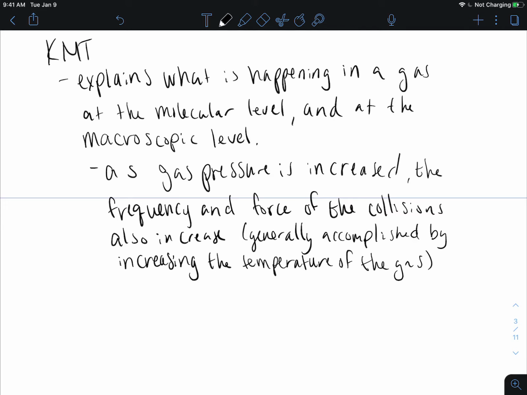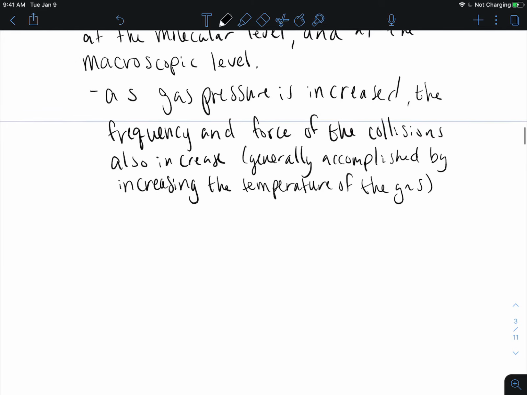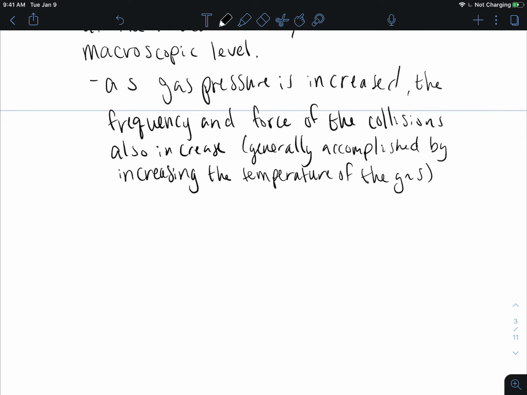Okay, so when we think about our kinetic energy of our gas, we think about the energy that all the gas molecules contain, but we usually think about the average kinetic energy.